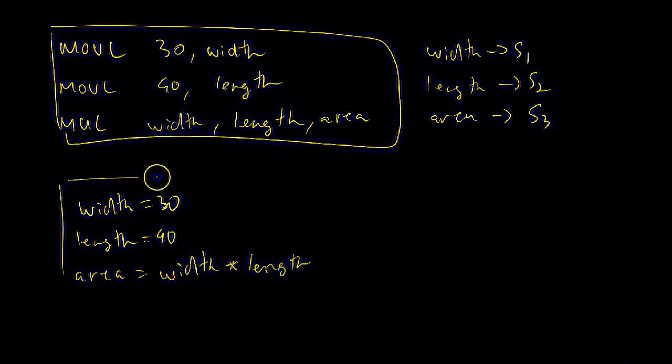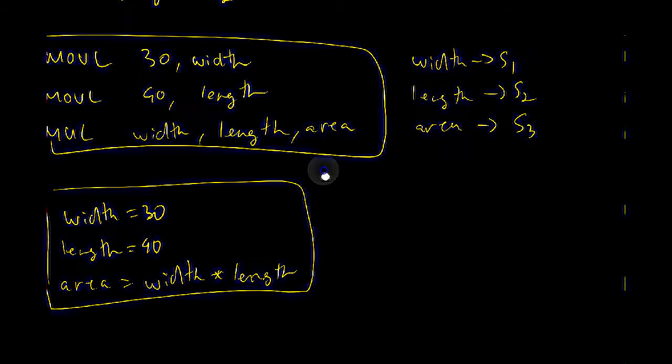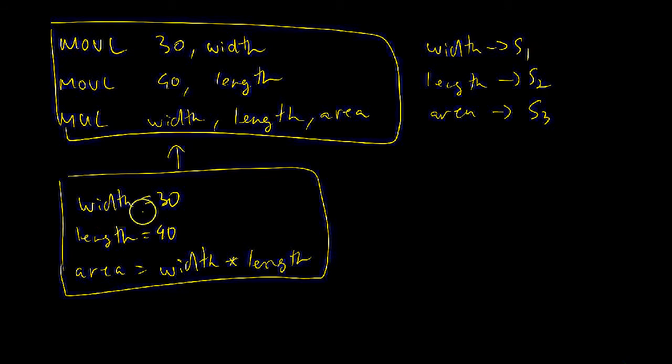And then we can go through the process of converting this series of statements into this. So first we say, okay, the equal sign just means that we are assigning a value of 30 into our variable width, which is exactly what we do here. We just call it width. And then we do the same thing for length and the same thing for area. We just say area equals width times length.